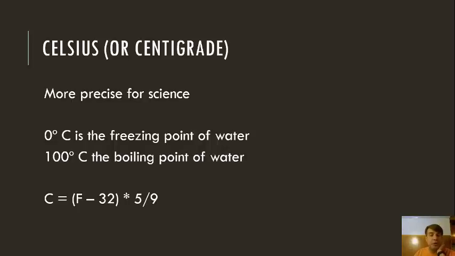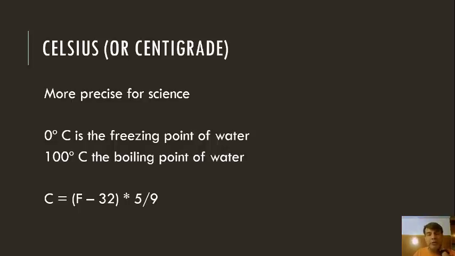If 32 degrees is the freezing point for Fahrenheit, then if we subtract 32 degrees, we've gotten to 0, so to speak. Then all we need to do is recalibrate into Celsius by the ratio of a Celsius degree to a Fahrenheit degree. 5/9 is basically the ratio.